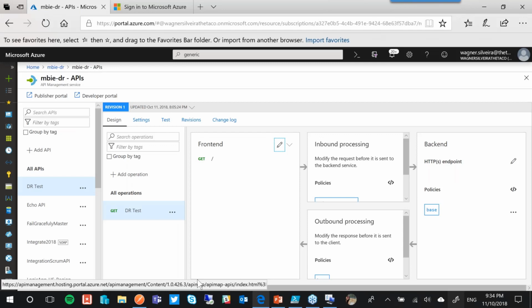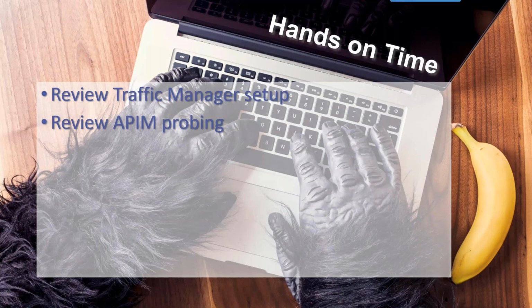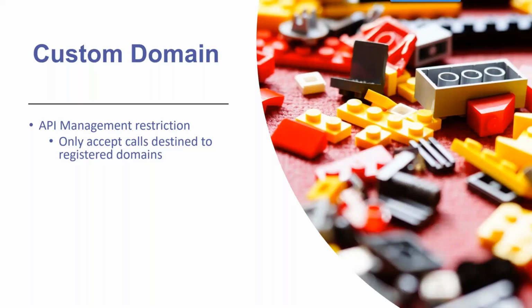So this is basically how I set up the API management probe and how I created the traffic management. The last piece of the puzzle for that is the custom domain. So API management has a quite interesting restriction that is kind of a gotcha for me.